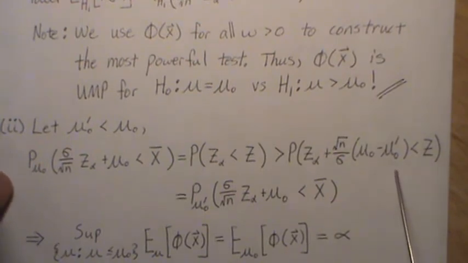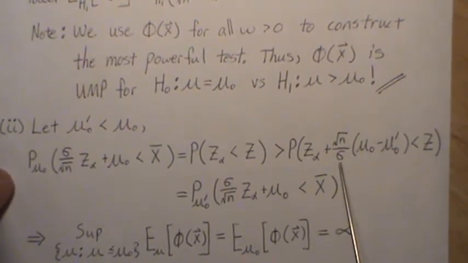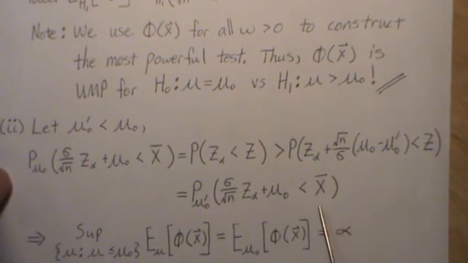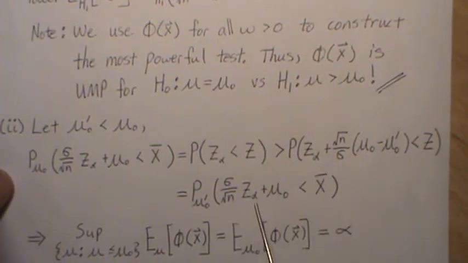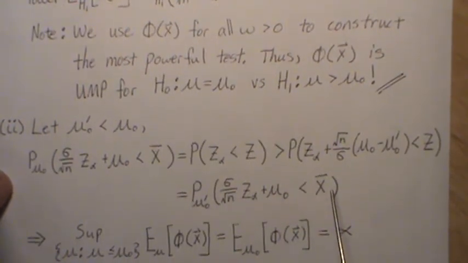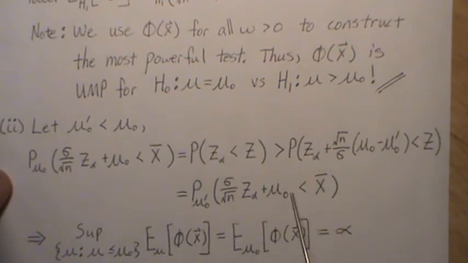But this right here would be the same as this probability, assuming that the true mean is mu naught prime. So if we subtract mu naught prime from both sides, and then we divide by sigma squared over n, we actually get a standard normal, and this is the cutoff. So these two probabilities are the same.